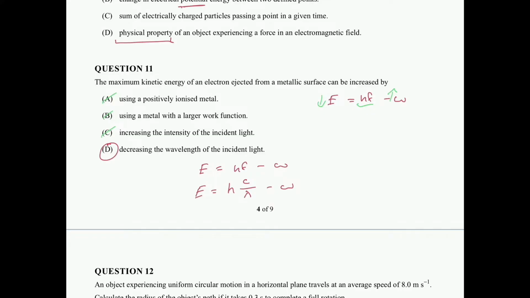If I decrease the wavelength, my value here is going to increase because c is going to be divided by a smaller number. So this fraction is going to be a larger value. That larger value multiplied through is then just minused by a constant, so that's going to lead to an increase in our E.